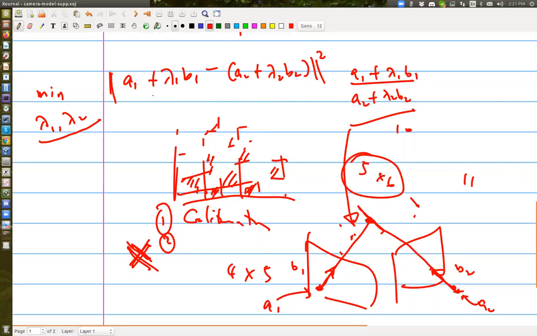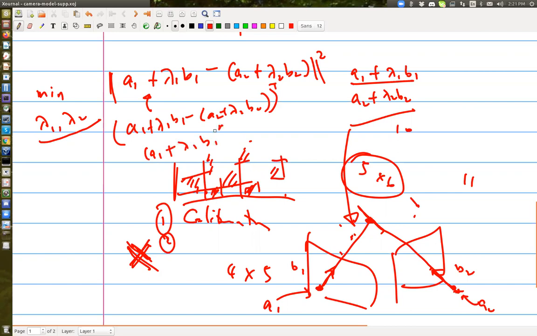You can just expand this, because the norm is equal to A1 plus lambda 1 B1 minus A2 plus lambda 2 B2, transpose, times A1 plus lambda 1 B1 minus A2 plus lambda 2 B2.